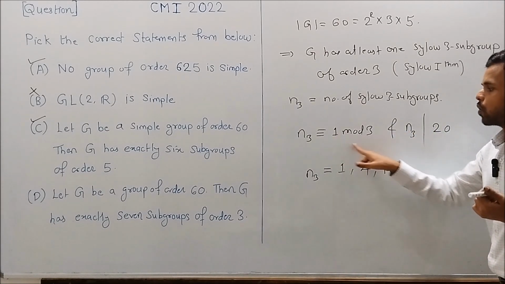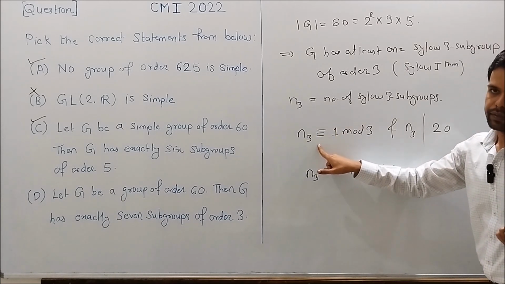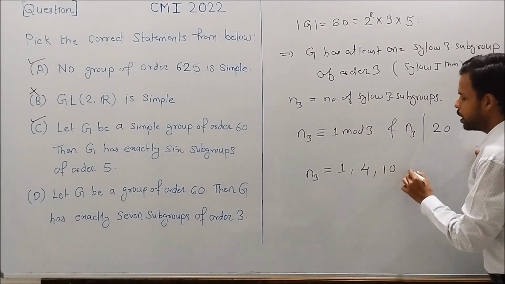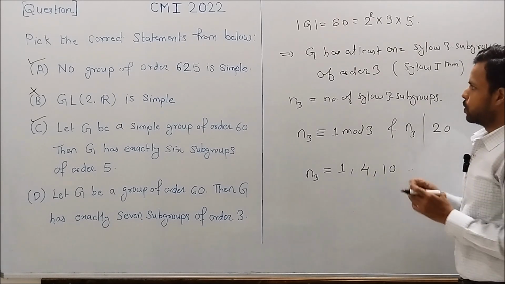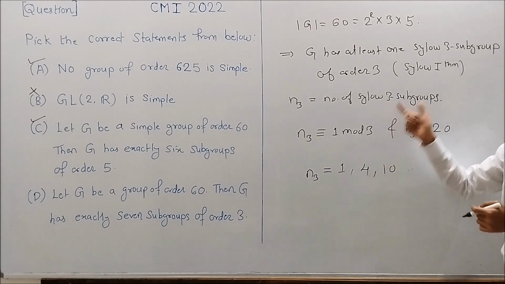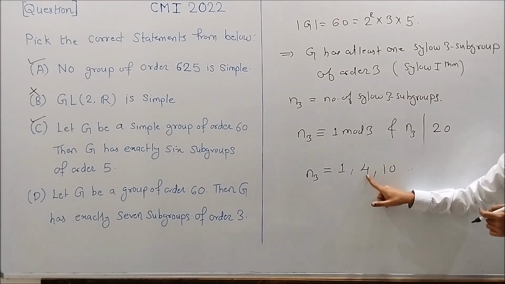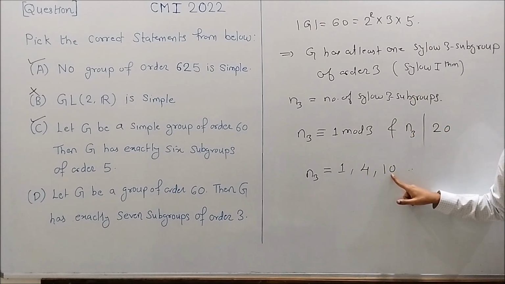But 20 is not congruent to 1 mod 3, because 3 does not divide 20 minus 1. So these are the only possibilities for n3. The number of Sylow 3-subgroups can be 1, 4, or 10.